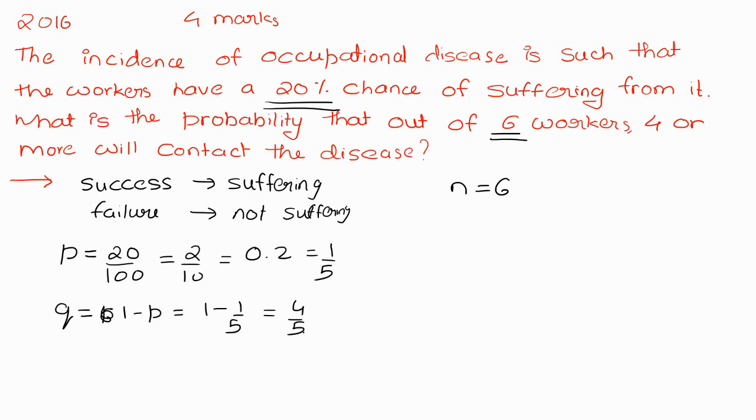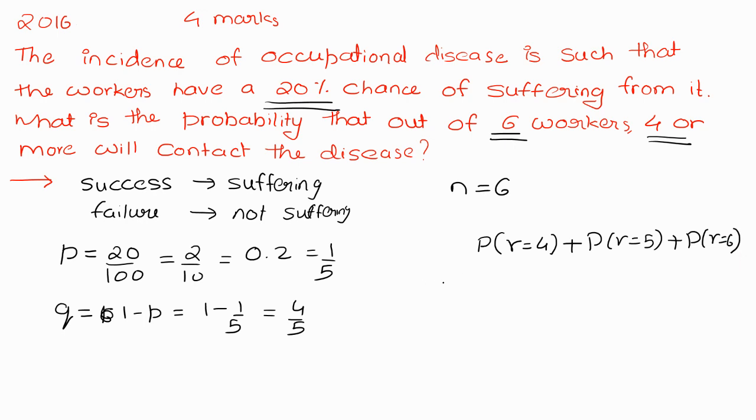Now I need to find the probability that 4 or more will contract the disease. That is, I need to calculate the probability of r equals 4 plus the probability of r equals 5 plus the probability of r equals 6.